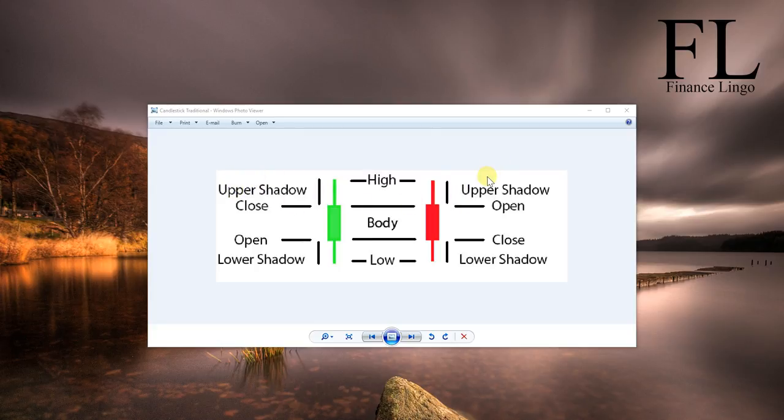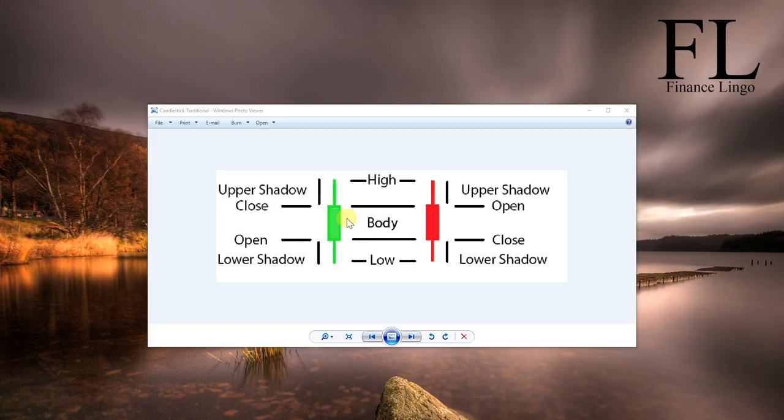As for the red candle, it means the share price went lower. So what we have here is the lower shadow, and similarly the upper shadow is represented over here. The main part of the candle, we call the body. This is quite important.